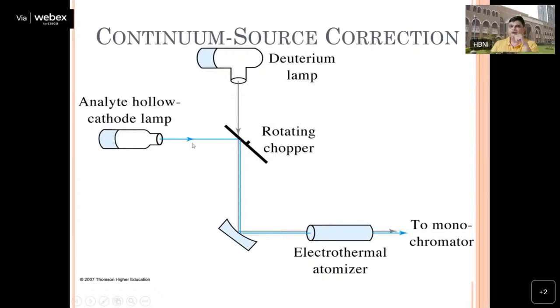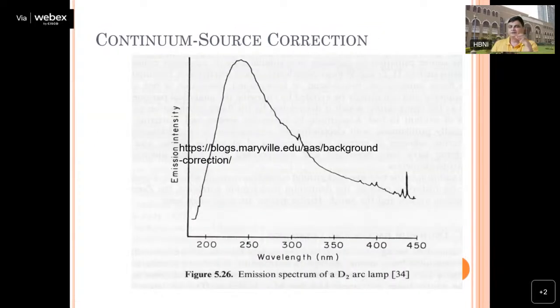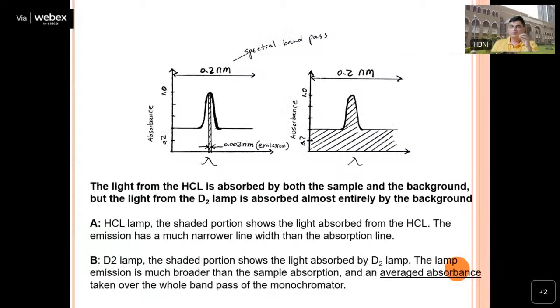And this is what is happening: the continuous source correction, which is carried up to 450 nanometer. All that absorbance is basically coming from the molecules, the unbound molecules, which are carried from the flame.